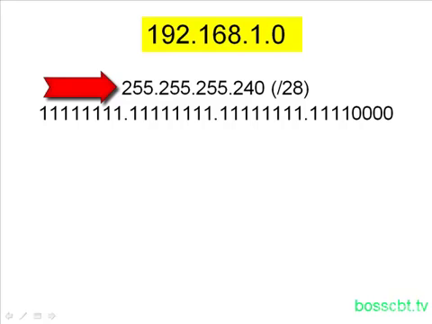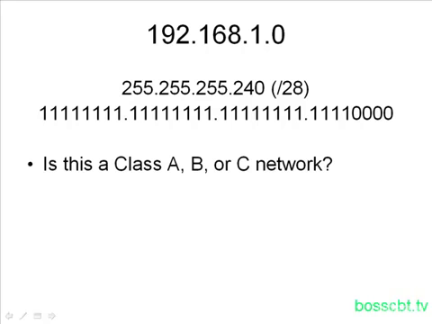Alright, so the first thing we want to do is ask ourselves a question. Namely, is this a class A, B, or C network? 192.168.1.0. Well, the answer is it's a class C network, and we know that by looking at the first octet. 192 falls within the class C network range.